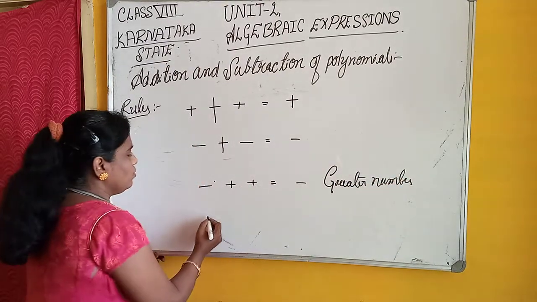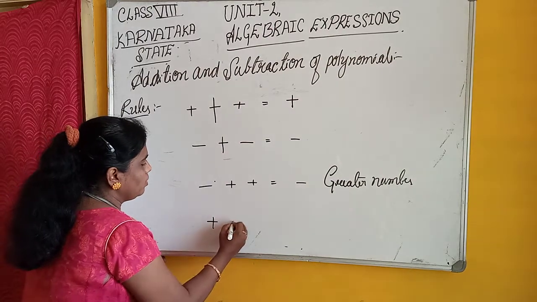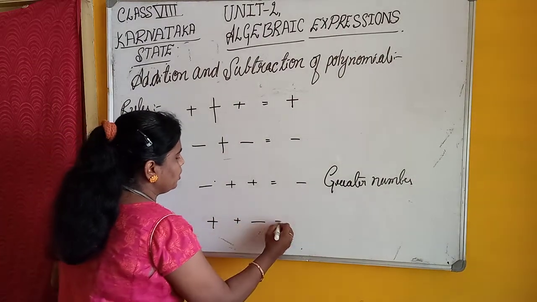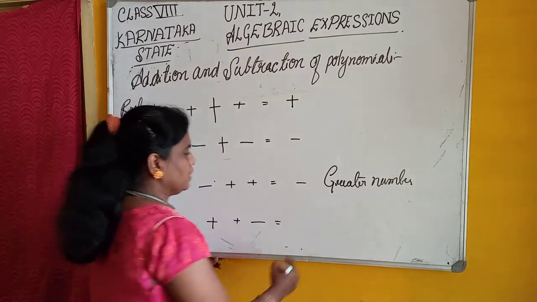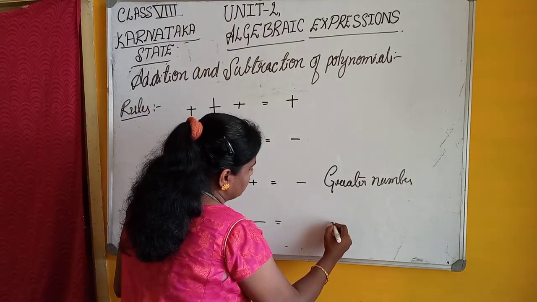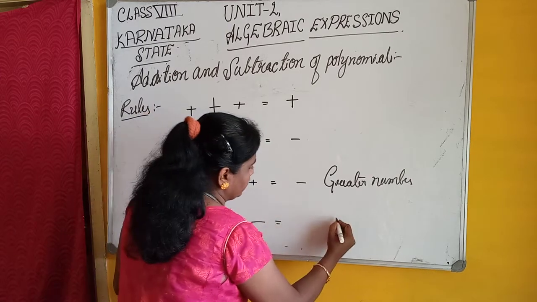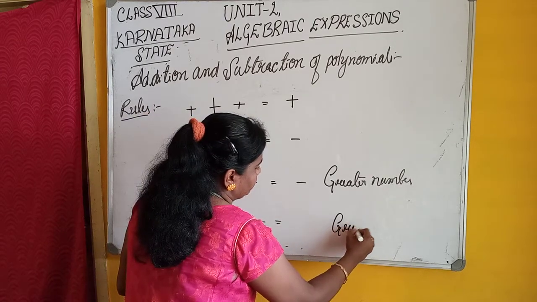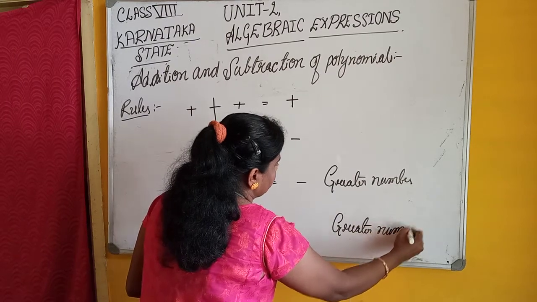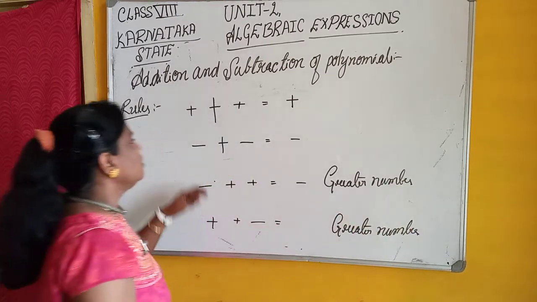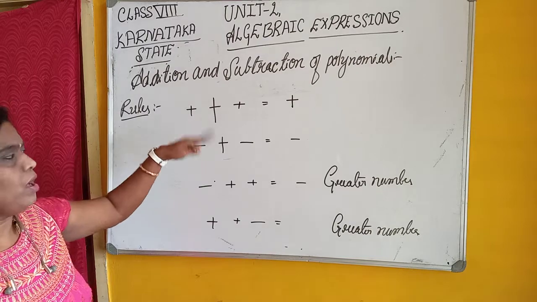Understood? When we add a positive or negative number, we will find the difference and put the symbol of the greater number. Here, I will show you how.